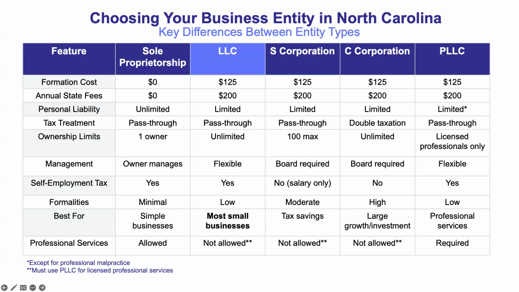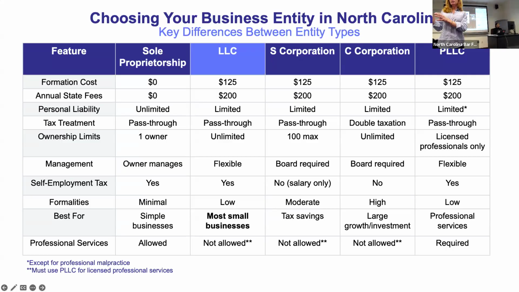So this chart, to me, helps kind of work through for you what you're going to want out of different things. And like I said, most small businesses end up at an LLC because it's the most protection for the business. They can do pass-through taxes and file like an S corporation, and it allows the best amount of protection for the person. Now, if you're a sole proprietor, you don't get those same levels of protection. If something goes wrong with the business, someone can come after your personal assets, right?